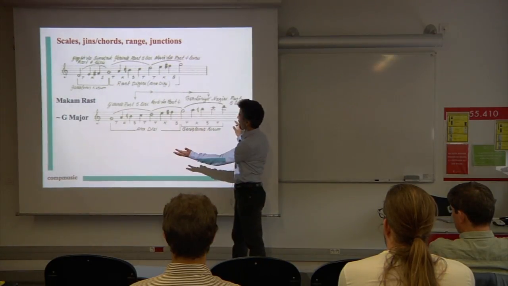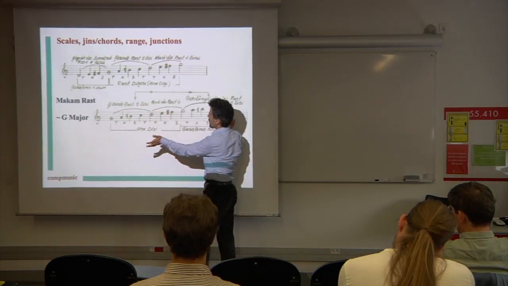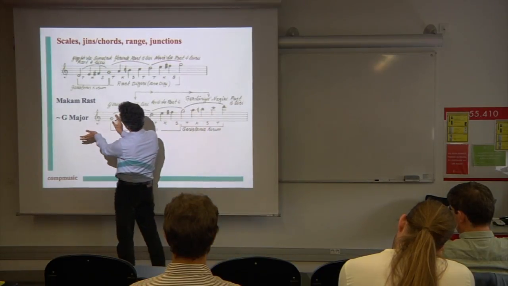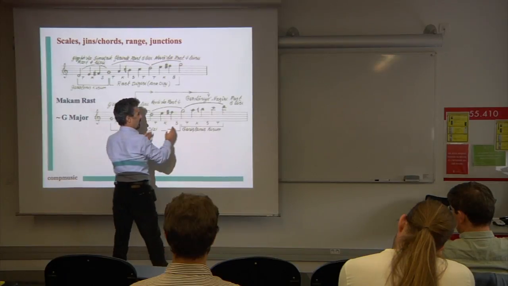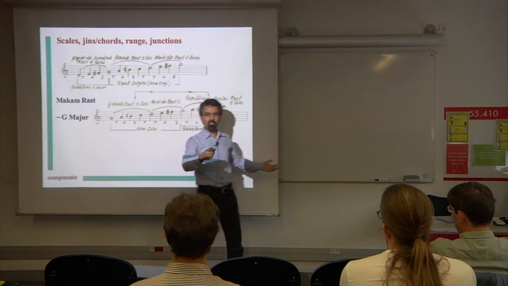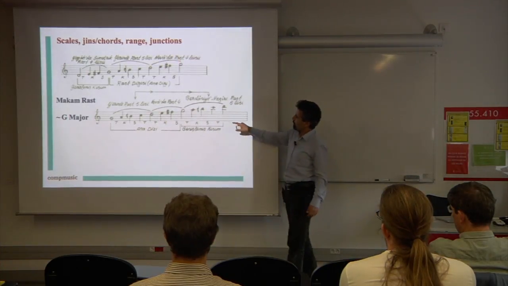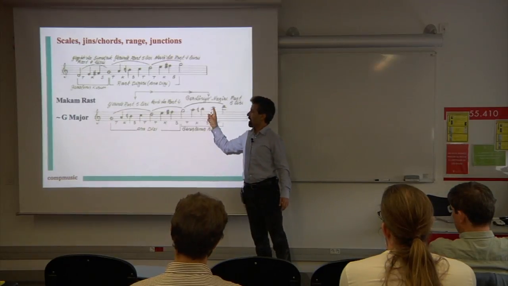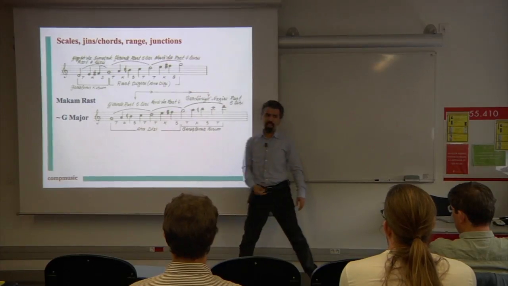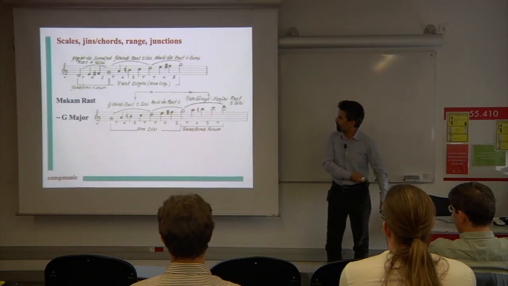When you are given this in a theory book, this means there is a melodic range. This is the main octave, and you could use some extension to the lower side and the higher pitch also. This would be the main region where you will develop your melodies, and you don't have to have the same notes on the octave. Some of the pitches may change. Octave equivalence may not apply for some of the makams.